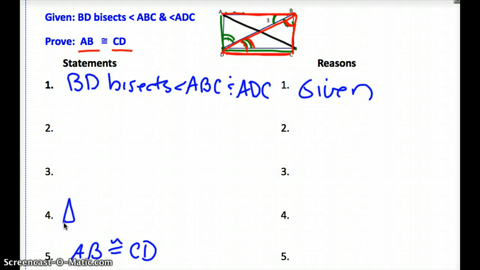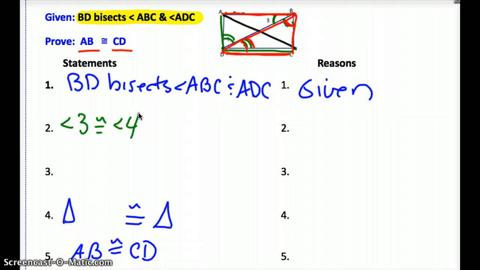So in number 4, I am going to go triangle congruent to triangle. Now let's go back up to the top. I marked 3 and 4 already, but I have not had 3 and 4 written in my proof anywhere. I have bisect, but I did not write angle 3 congruent to angle 4. So that's what I need to do now.